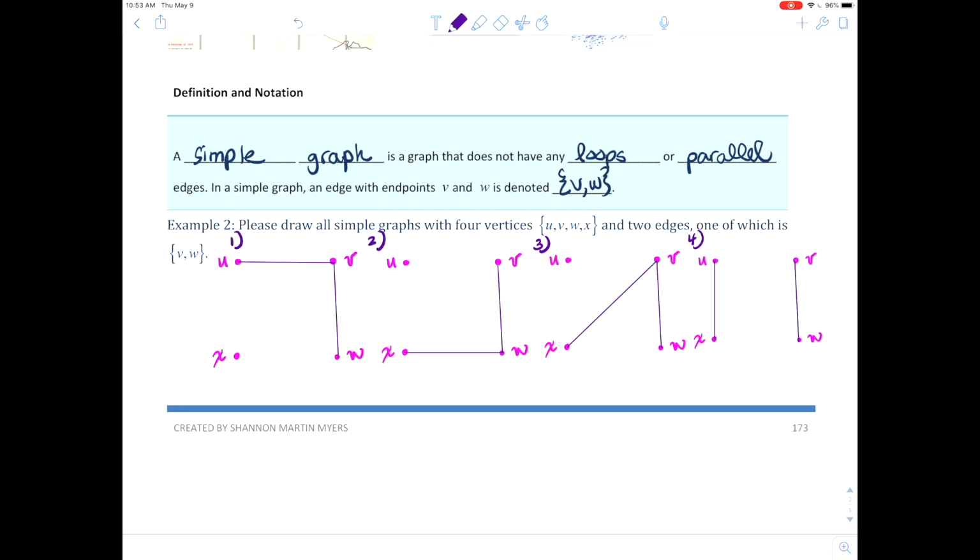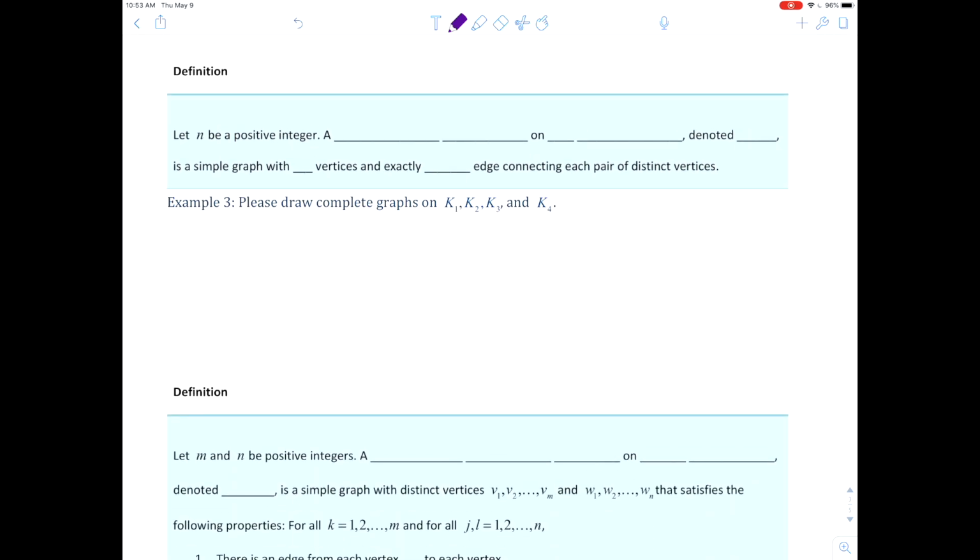All right. So another definition here. Let n be a positive integer. A complete graph on n vertices, denoted K sub n, is a simple graph with n vertices and exactly one edge connecting each pair of distinct vertices.